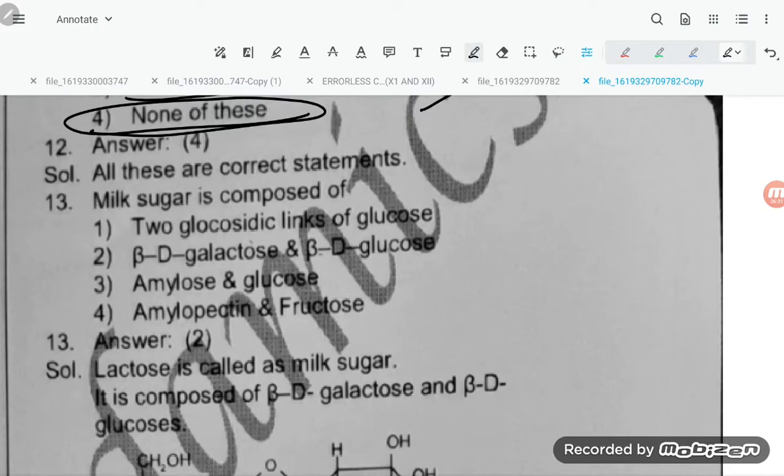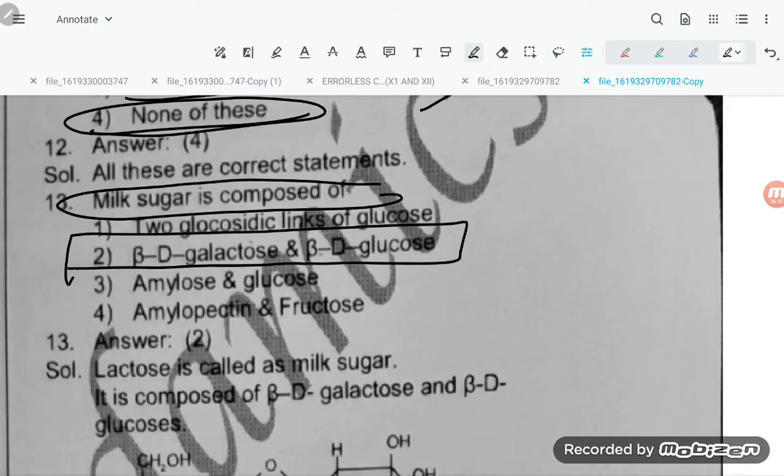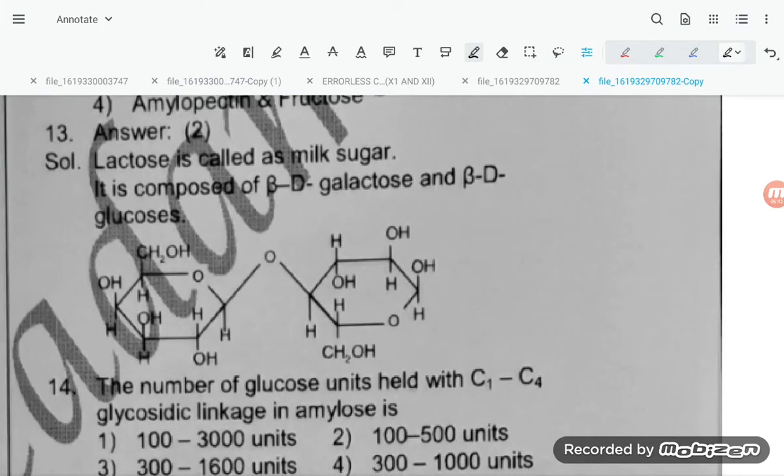Okay, milk sugar is composed of beta D galactose and beta D glucose. Students, next question.